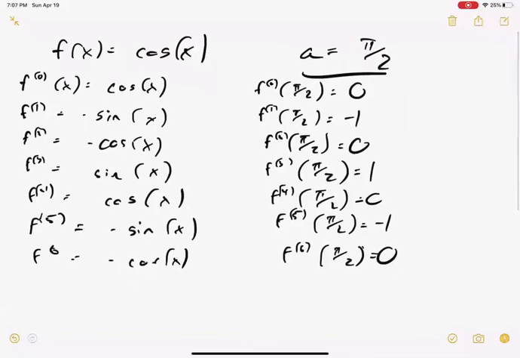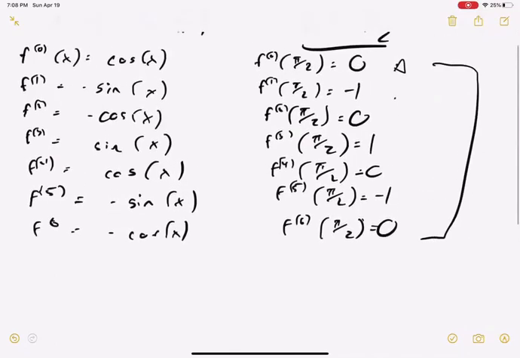Okay, so this is the stuff I want to look for a pattern on, and I can see it pretty easily. The hard part's going to be maybe making a series out of it. So I got 0, negative 1, 0, positive 1, 0, negative 1, 0, positive 1.